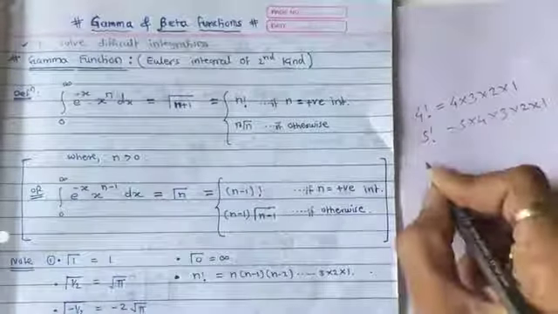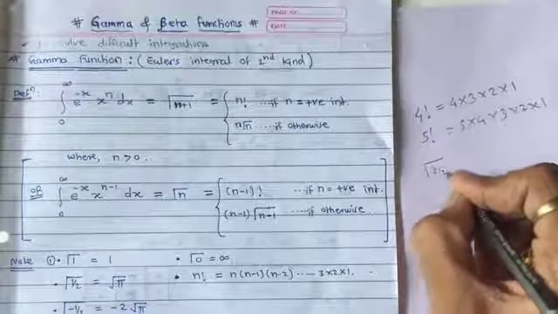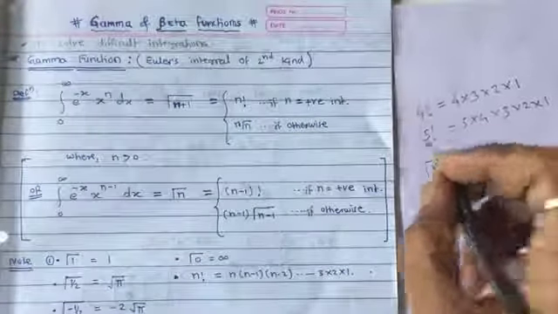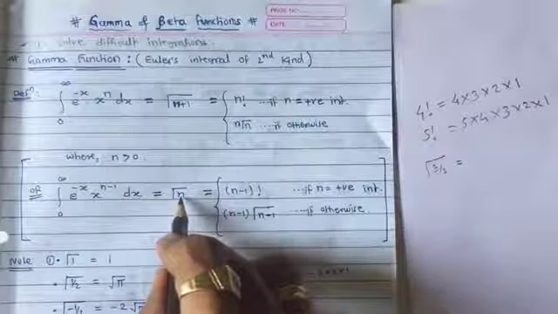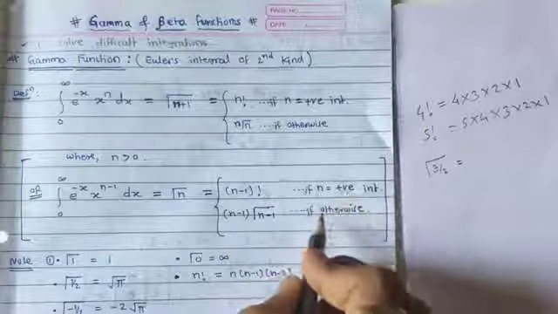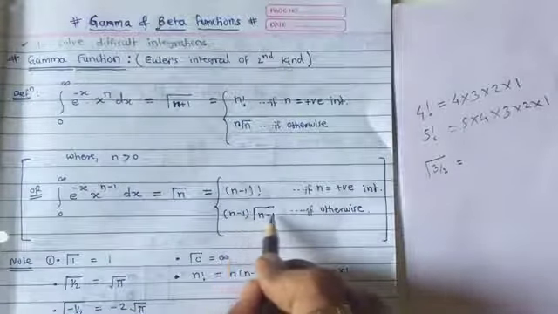Okay, and suppose gamma of 3 by 2. How to simplify gamma of 3 by 2? Here use the formula gamma of n: that is n minus 1 factorial if n is a positive integer, otherwise, a fraction, then use n minus 1 gamma of n minus 1.